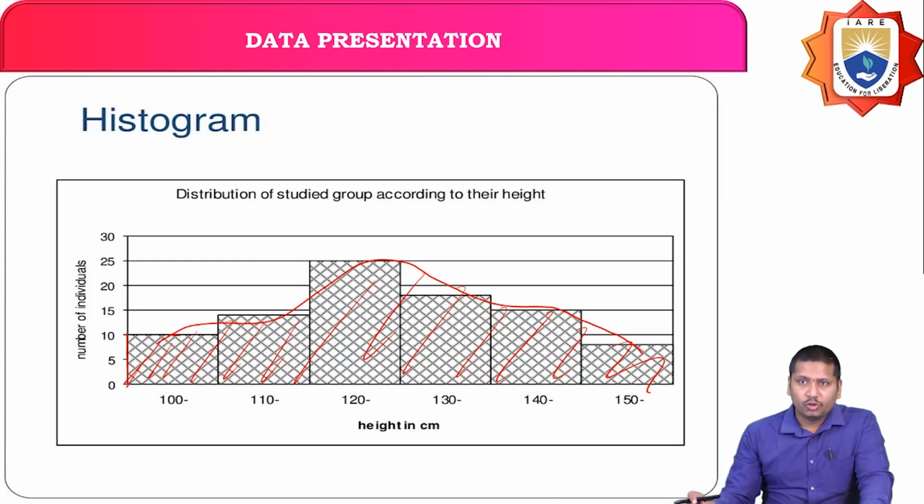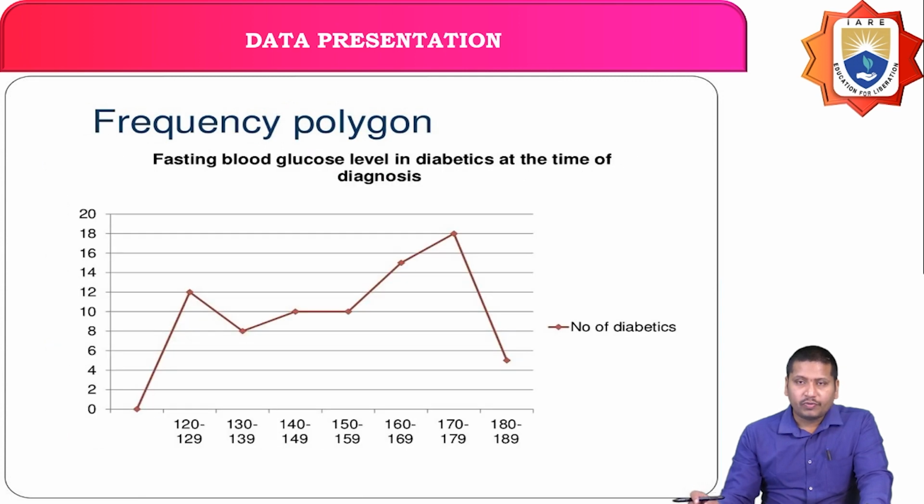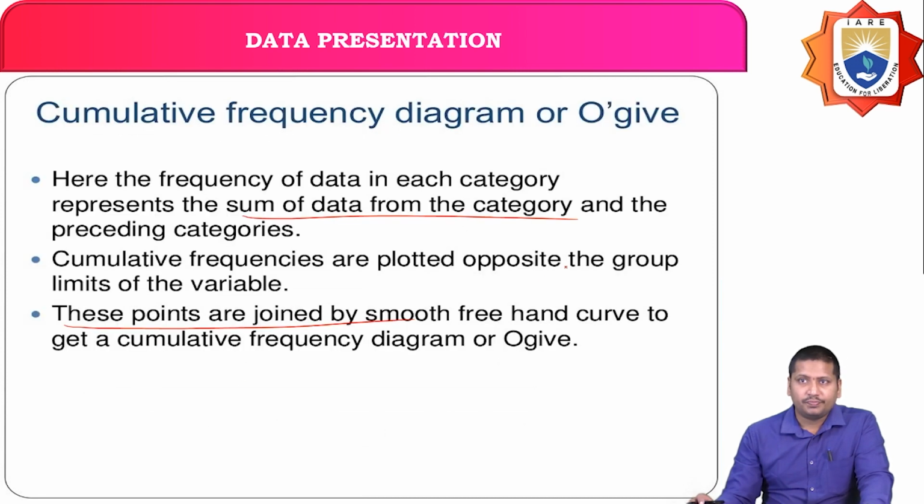So this is how the histogram is constructed. And the frequency polygon is derived from the histogram by connecting the midpoints of the tops of the rectangles. The line connecting the centers of the histogram is called the frequency polygon. It looks like this, and it is constructed after constructing the histogram.